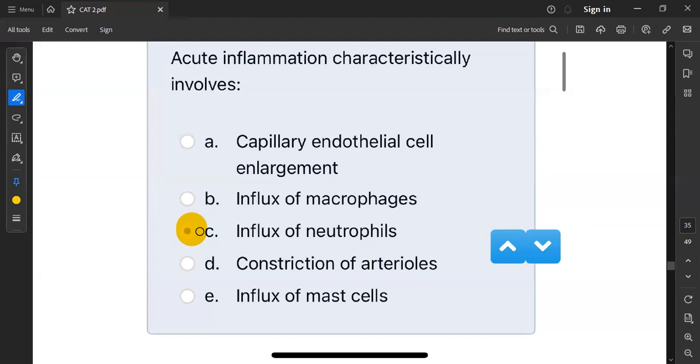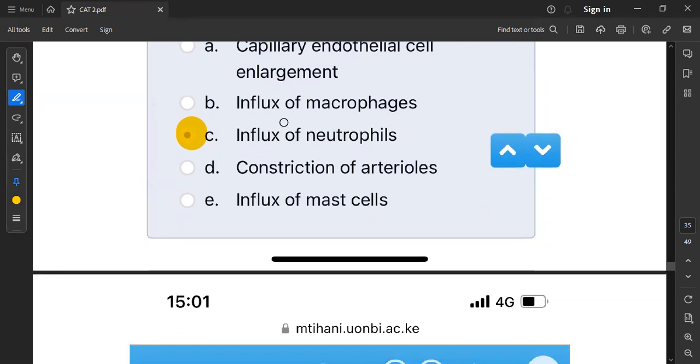Macrophages are a part of the innate immunity. And then you have capillary endothelial enlargement. This allows for the diapedesis, but it's probably not the main feature. Any questions? We can move to the next, number 43. Question 43.